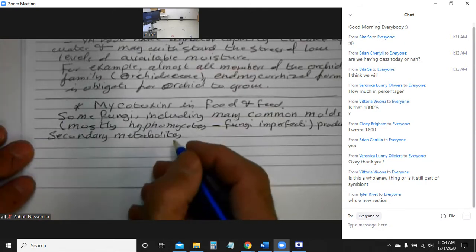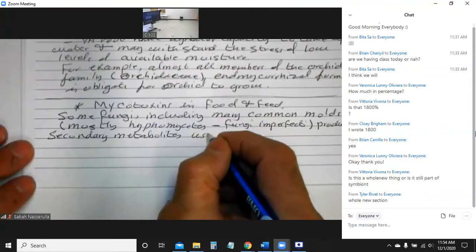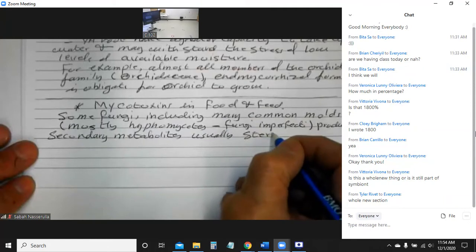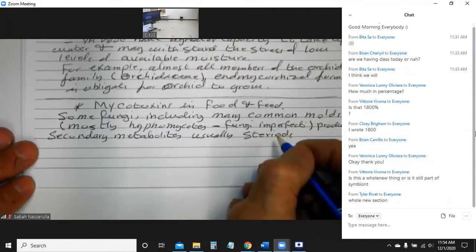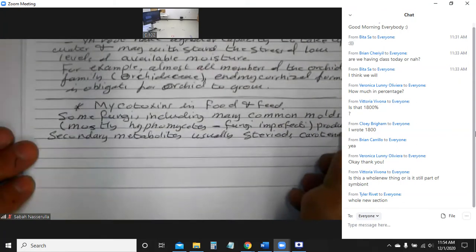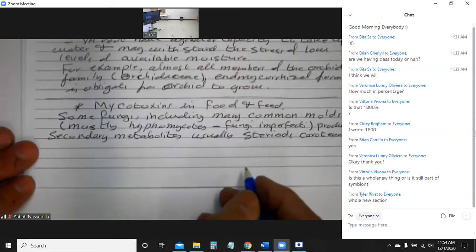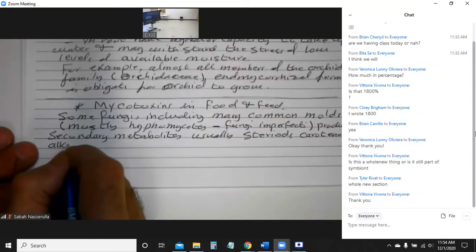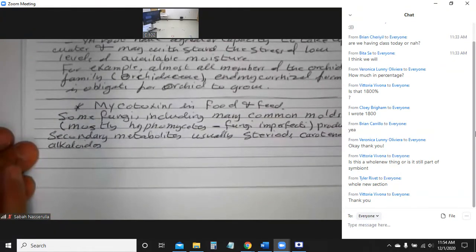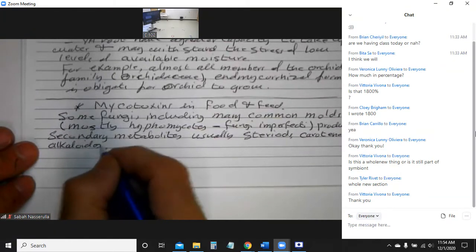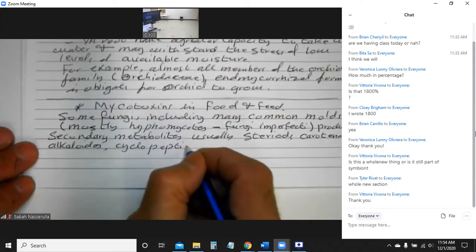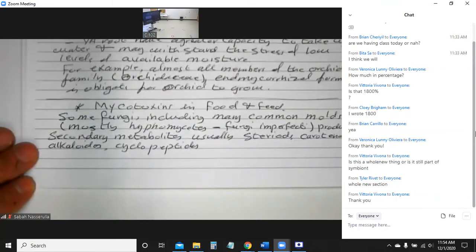The metabolites usually are steroids, carotenoids, alkaloids, cyclopeptides, and coumarins.